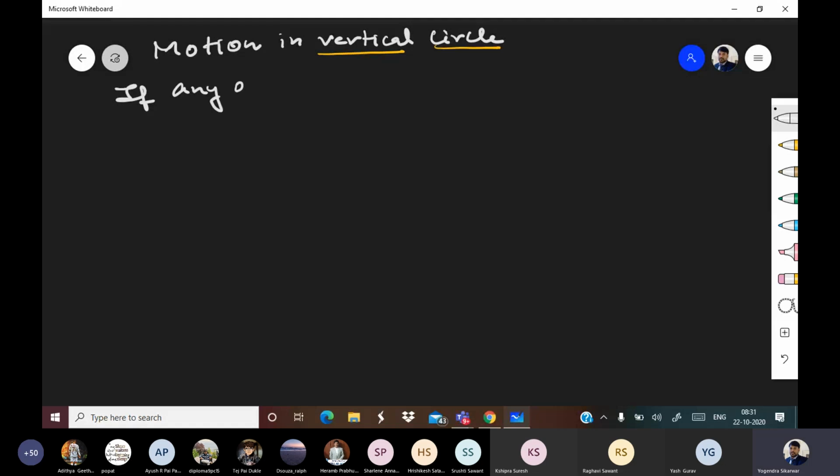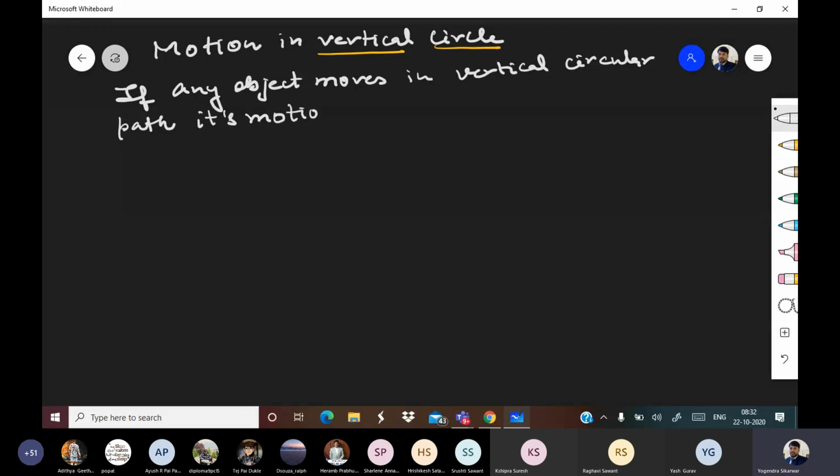If any object moves in a vertical circular path, its motion is called motion in vertical circle. All right.